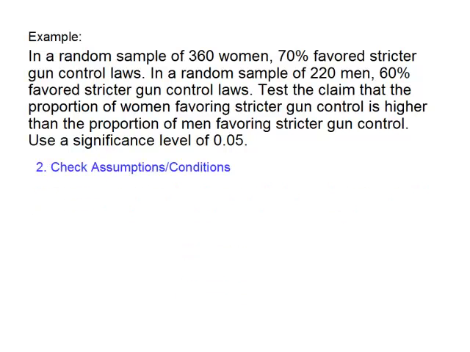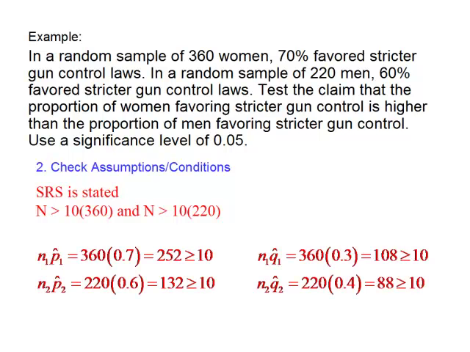Checking our assumptions and conditions. Simple random sample is stated. Population sizes are greater than 10 times our sample sizes. And our n1 p hat 1, which equals 252, and our n1 q hat 1, which equals 108, are both greater than or equal to 10. And our n2 p hat 2 and n2 q hat 2 are both greater than 10 as well.